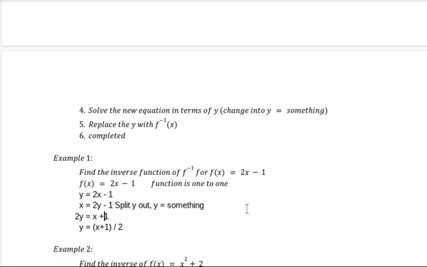We isolate x and y onto two sides, and then y becomes this value.